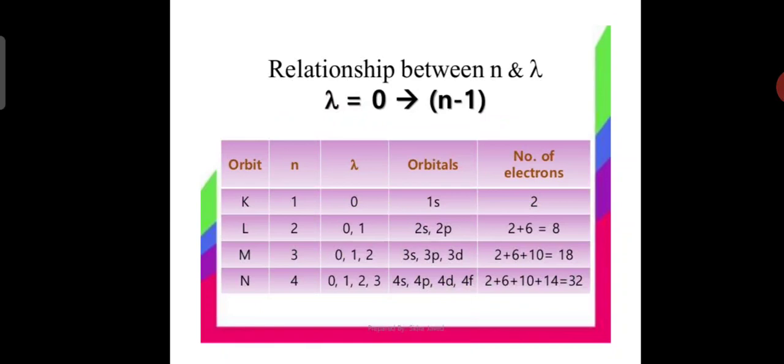When the energy level is 1, the sublevel is 0. When 2, we have sublevels 0 and 1. When 3, we have 0, 1, 2. And then 4 is equal to 0, 1, 2, 3.